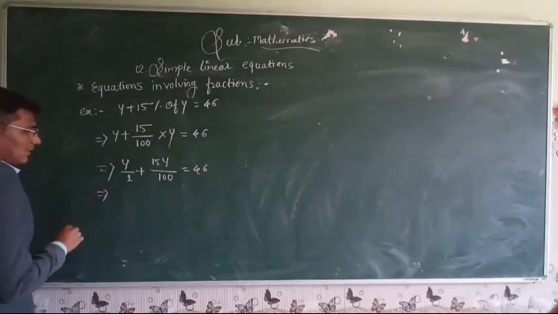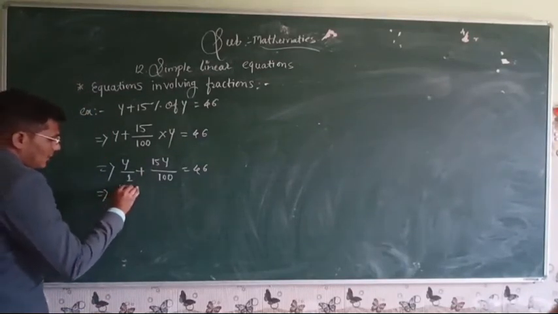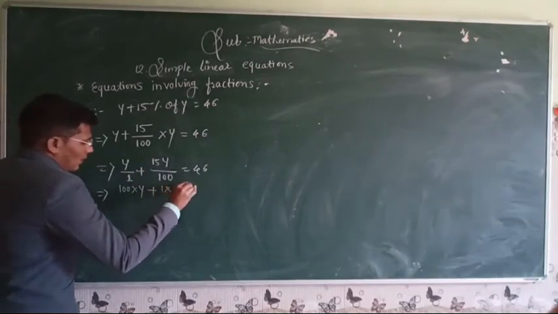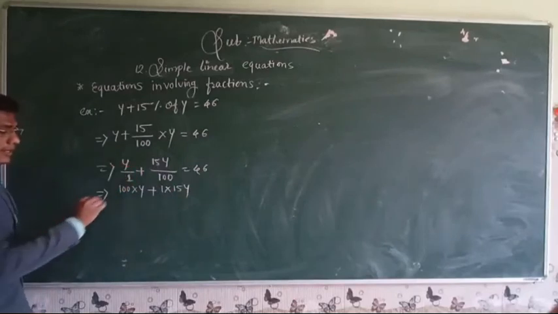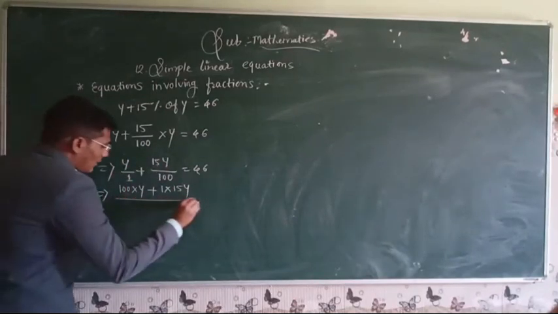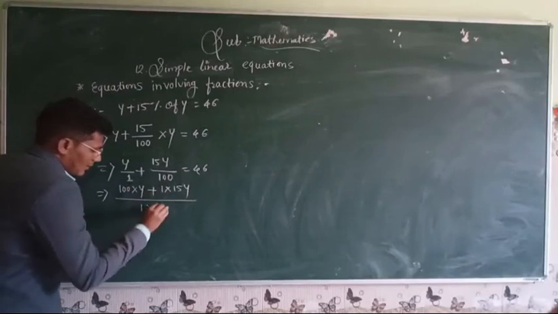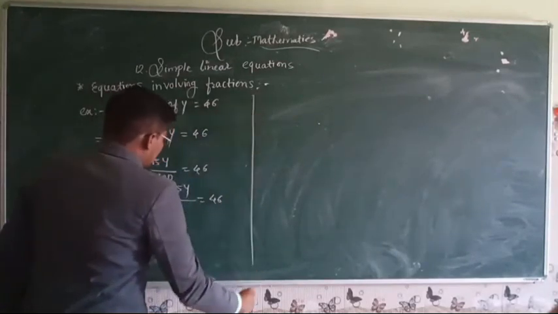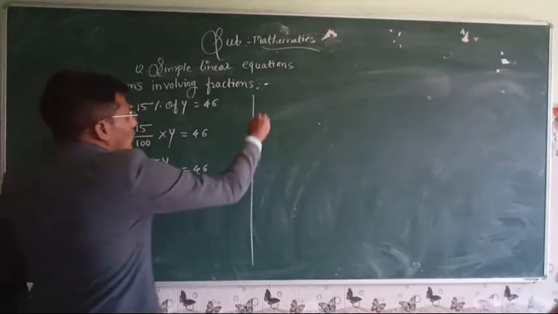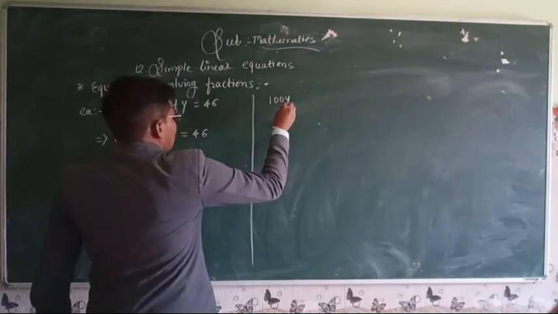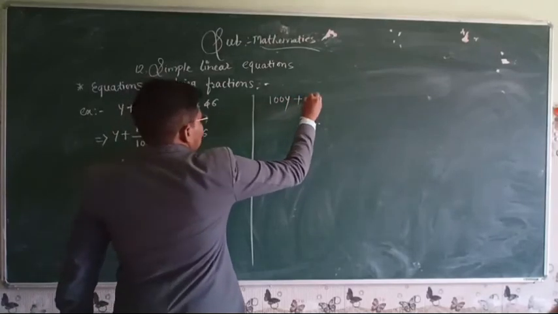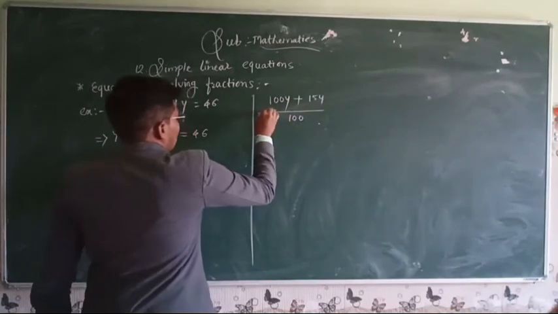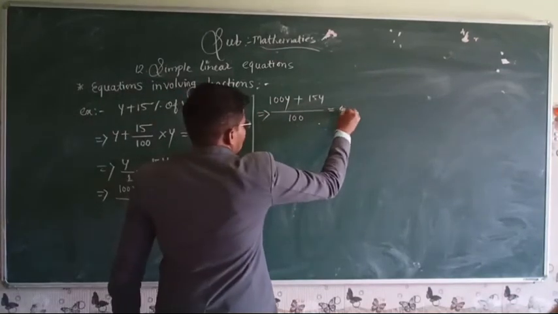Do the cross multiplication and you will get 100 multiplied by y plus 1 multiplied by 15y, upon 1 multiplied by 100, is equal to 46. Now after solving, 100 into y is 100y plus 1 into 15y is 15y, and 1 into 100 is 100. So it is equal to 46.